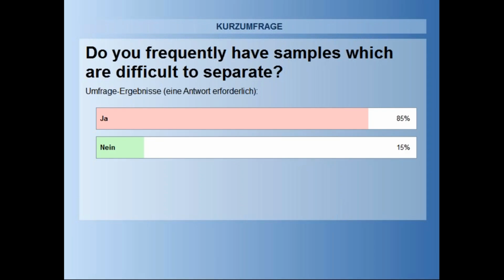And you here see also the result. 85% of you are using samples which are difficult to separate, and 15% don't have much problems with the separation. Thank you very much. We will now continue.